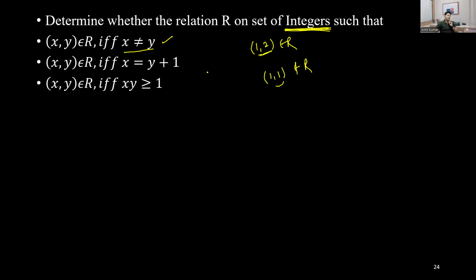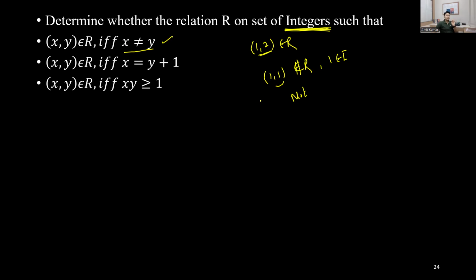Is this relation partially ordered? The answer is no. Why no? Because it is not reflexive. Because (1, 1) does not belong to R and 1 is an integer, right? Reflexive relation: for every a from the set, (a, a) must be there in your R. And I have one counterexample, (1, 1) is not there, so not reflexive.